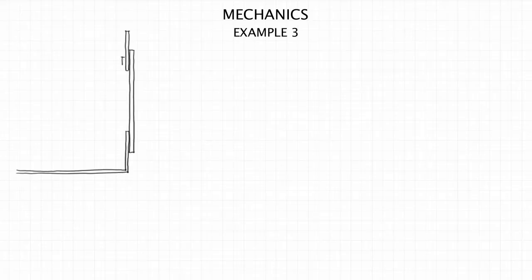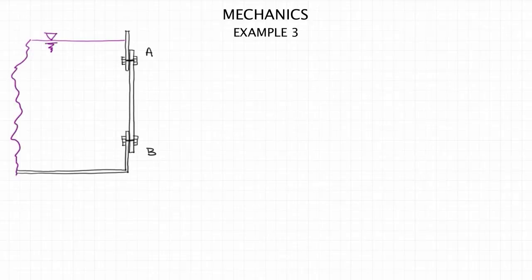So in this question, what you see here is a portion of a water tank which has an opening for an access door, and the access door is attached by 4 bolts, 2 bolts at A and 2 bolts at B, so that it is tight and water would not leak around the door or through the door really. Now this is the level of the fresh water.